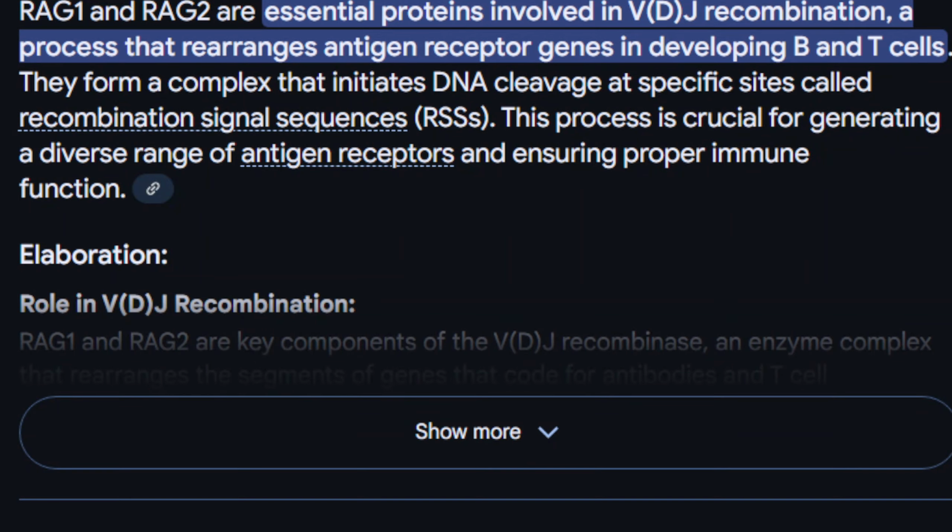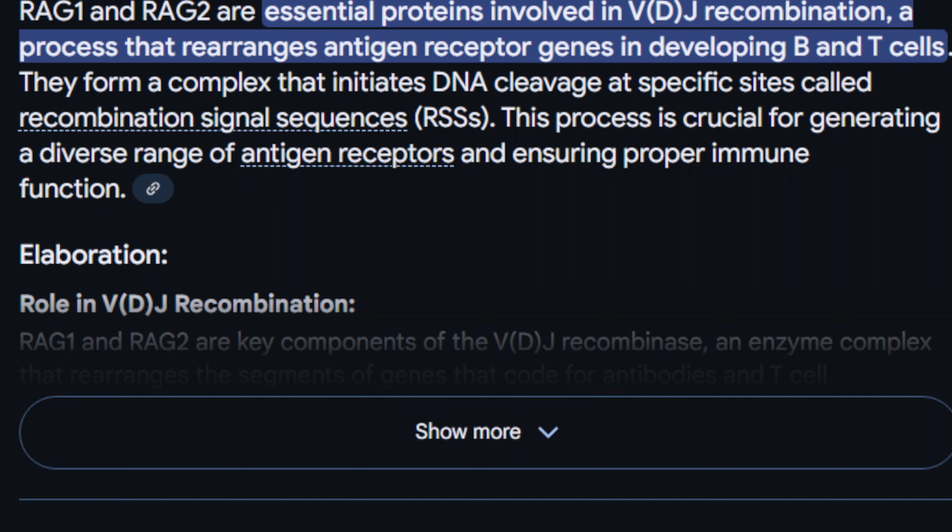RAG1 and RAG2 are essential proteins involved in VDJ recombination, a process that rearranges antigen receptor genes in developing B and T cells. They form a complex that initiates DNA cleavage at specific sites called recombination signal sequences.